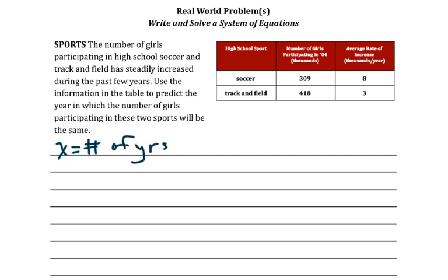And more specifically, from 2004 on, which means that if X was 1, that would represent a year after 2004. That would be 2005. And then Y is going to be the number of girls participating.